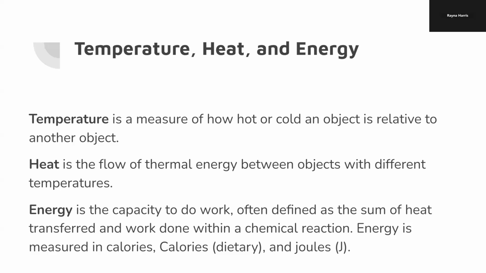So when it's like this can of Coke has 100 calories, that's calorie with a big C. And then joules, abbreviated with a capital J. This is another, the formal measurement of energy that we'll become familiar with today.